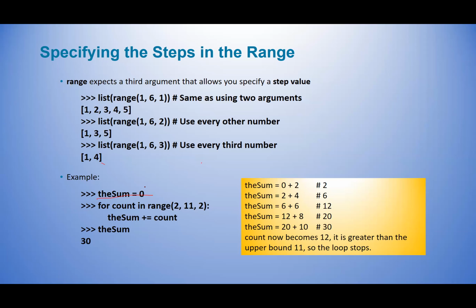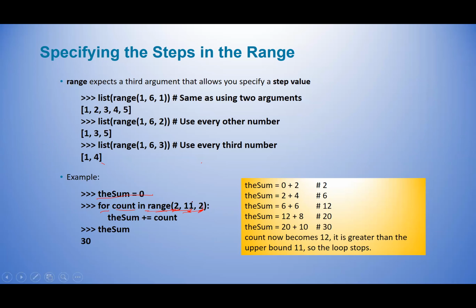Sum, you declare that variable, initialize it to 0, for count in range. These are integers, right? So we use the range function, starting from 2 inclusive, ending with 11 exclusive, and the interval is 2.